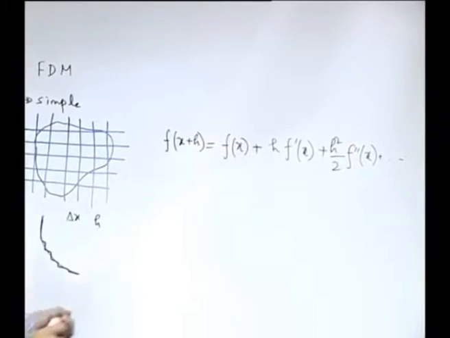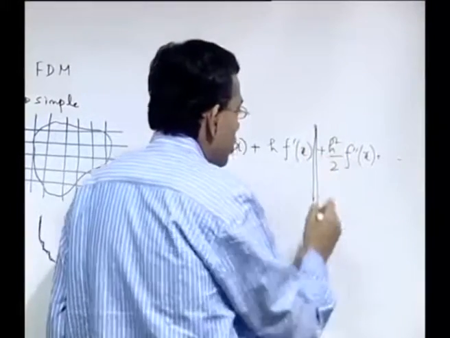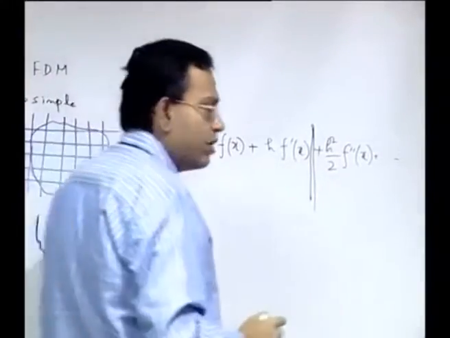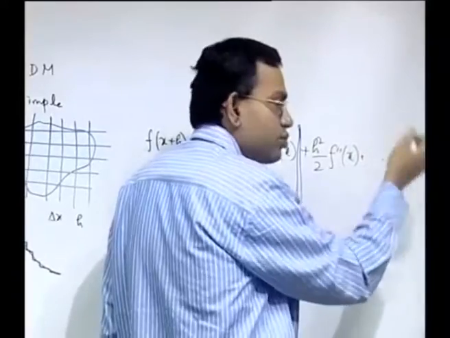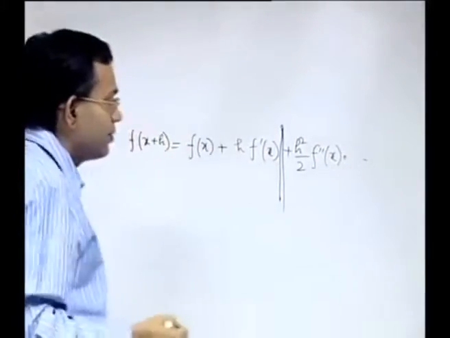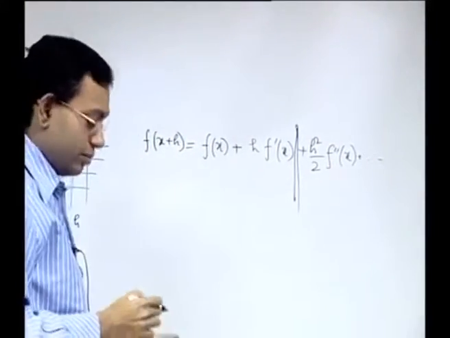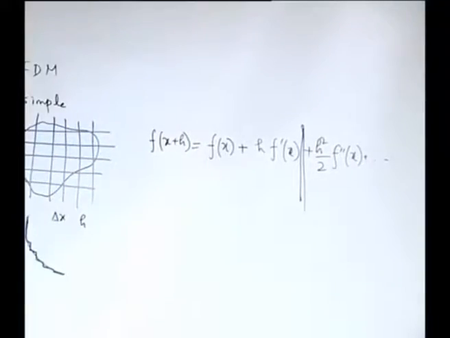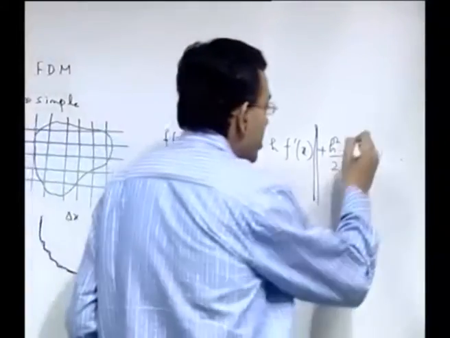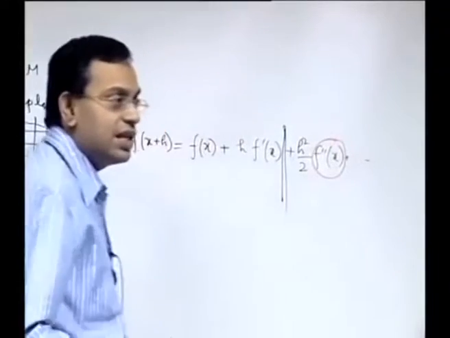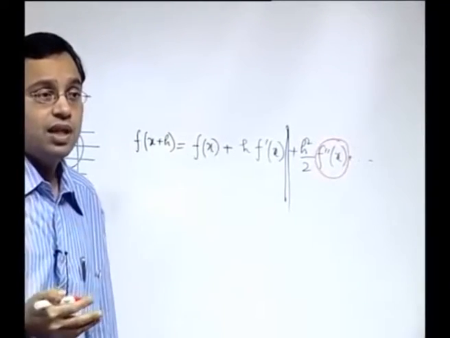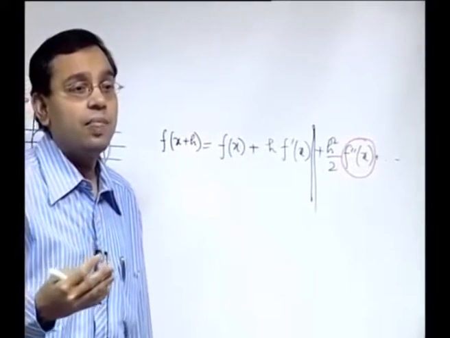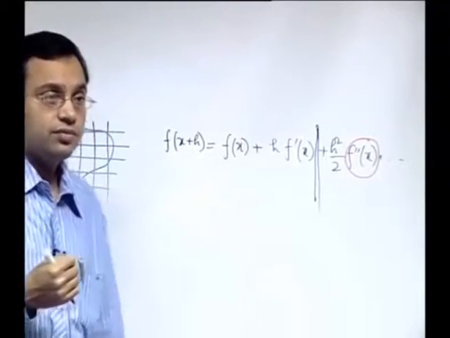If you truncate it up to this one, what is your expectation? Your expectation is that h is small, so that h squared, h cubed will be smaller and smaller. But while stating that, we forget that there is a multiplier also, which is a higher order derivative of the function. What happens if that multiplier itself is significant?